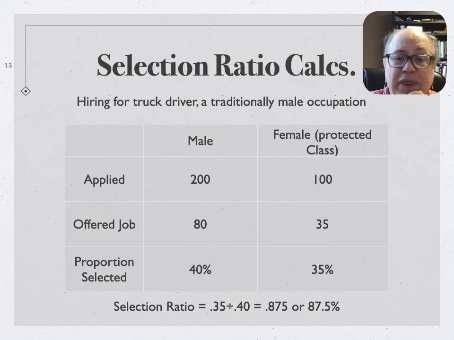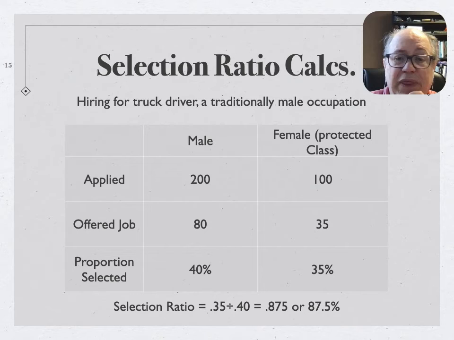This is where we get into there's three ratios calculated. And you're going to see them presented here. 200 males and 100 females, which are the protected class in this situation, applied. 80 of the males were offered the job, which is a ratio, a proportion of 40%. For females, 35 of the 100 were offered the job, which is 35%.